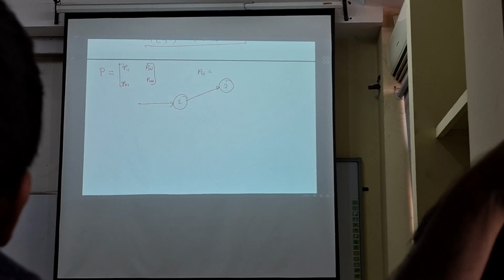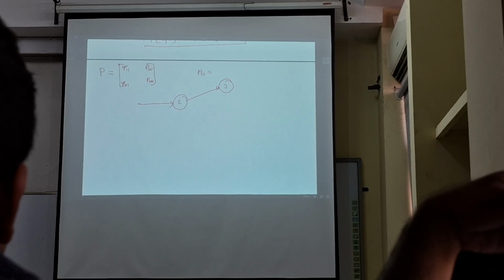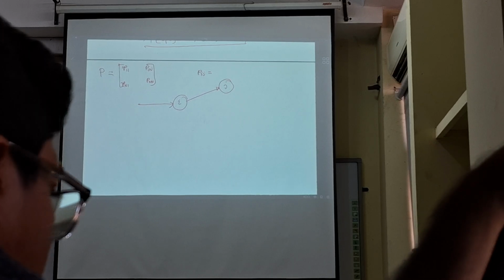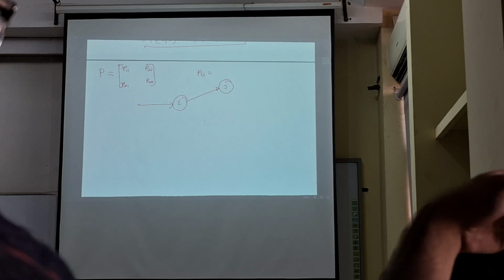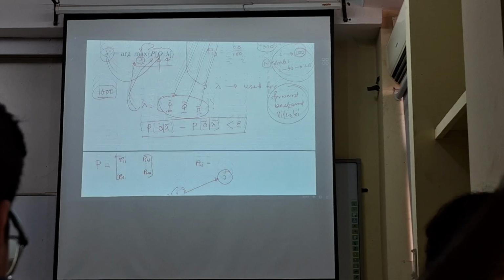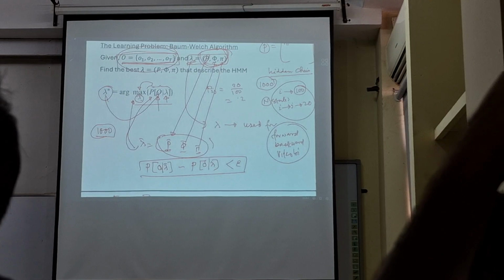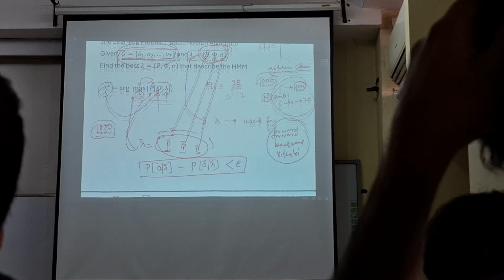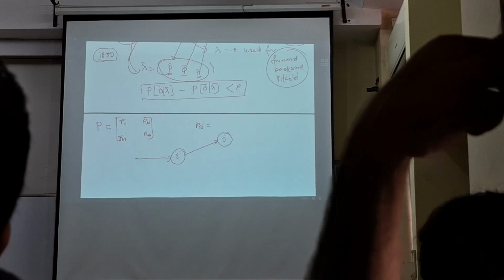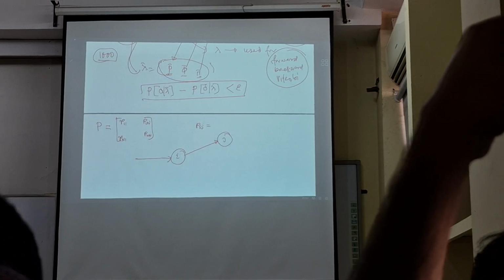The question is, how can we find it? Again, based on the knowledge that we have about the HMM, is it possible if the observations are independent? Can we calculate how many times the system visited state I, and among those times, how many times there was a transition?